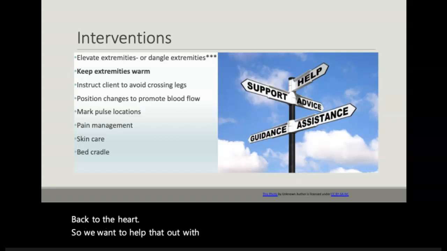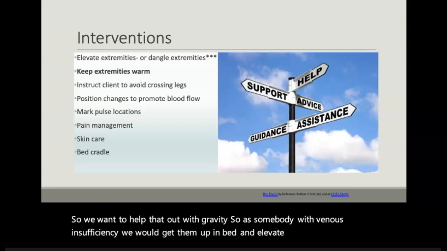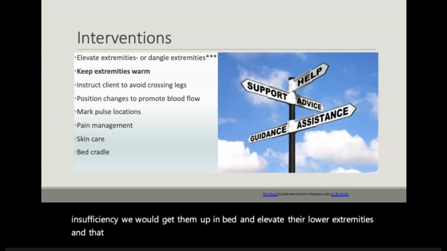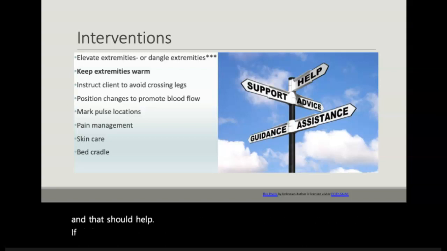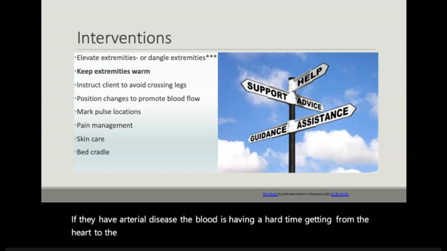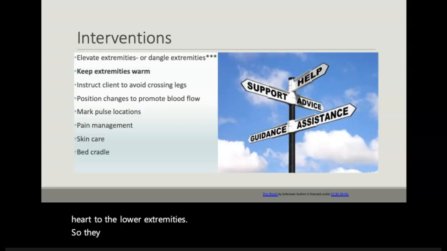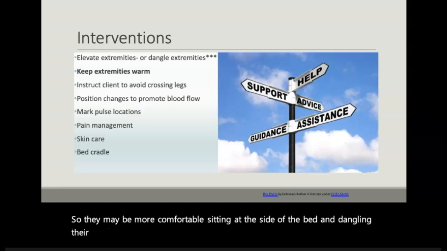So with somebody with venous insufficiency, we would get them up in bed and elevate their lower extremities, and that should help. If they have arterial disease, the blood is having a hard time getting from the heart to the lower extremities, so they may be more comfortable sitting at the side of the bed and dangling their legs, because we're going to go with gravity.